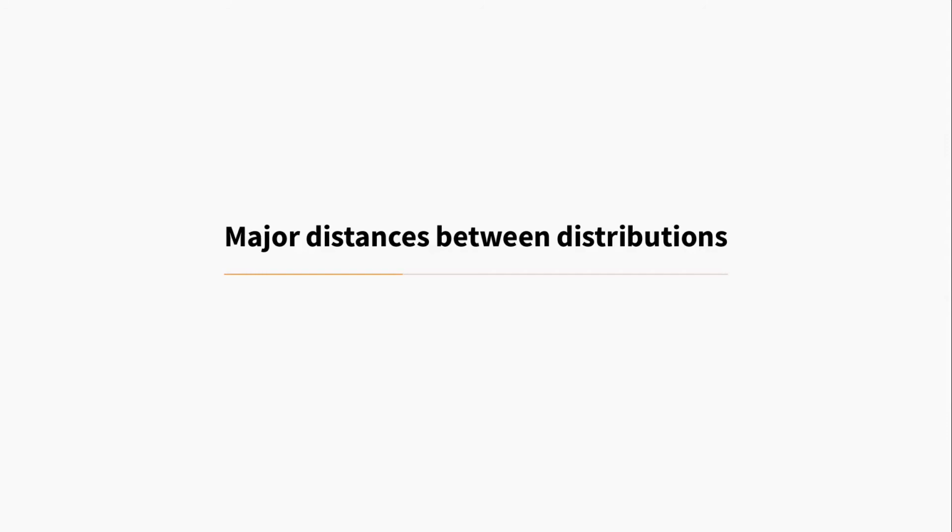Many distances have been defined between probability distributions, and in the next hour, I want to show you the archetypal major distances between distributions that you are necessarily going to encounter over the next few years, and help you understand what kind of archetypal priors they represent.